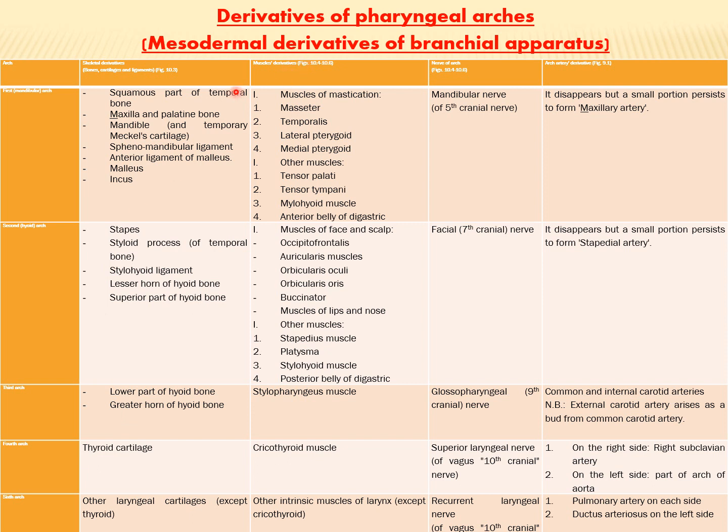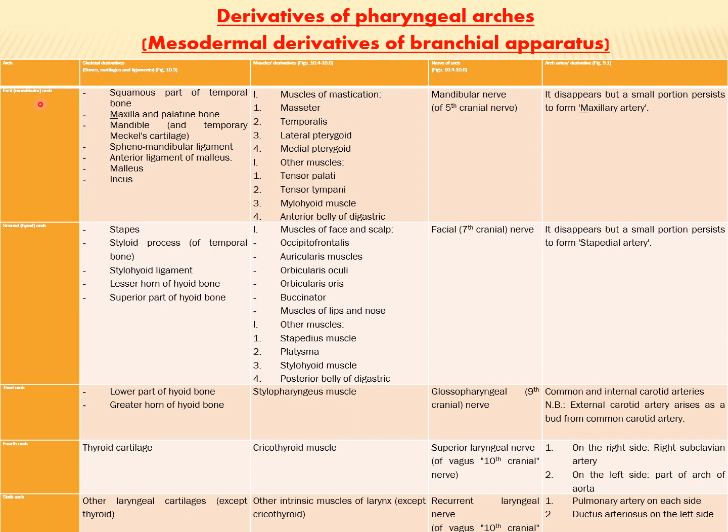Then we complete the derivatives, which include skeletal element, muscular element, then mention the nerve supply, then mention the pharyngeal arch artery derivative.